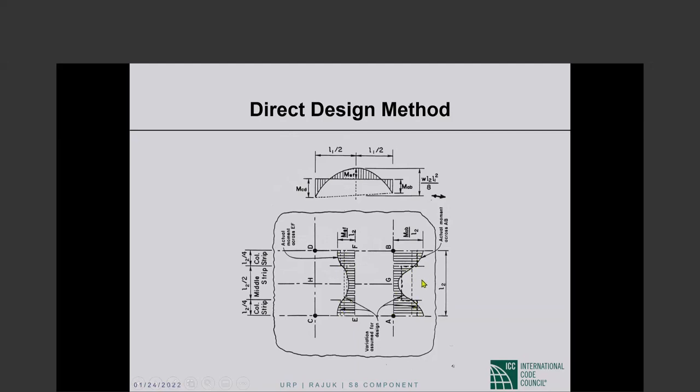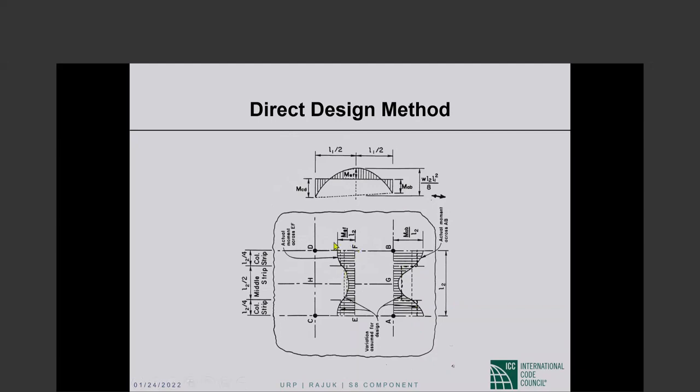In reality, we assign 75% of the negative moment to the half column strips and 25% to the middle strip. Okay, 75-25 distribution.